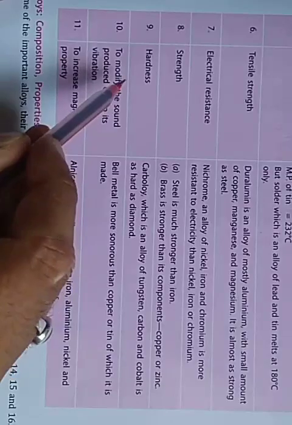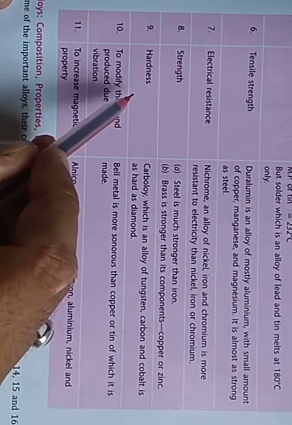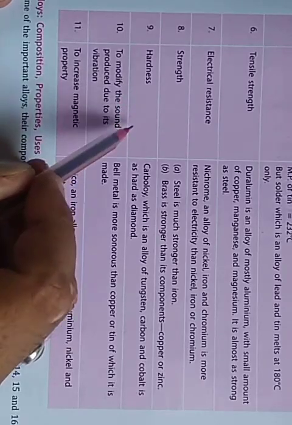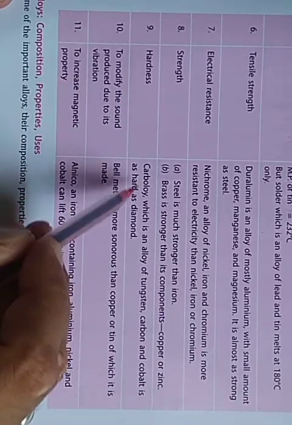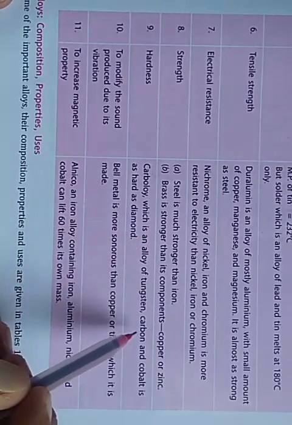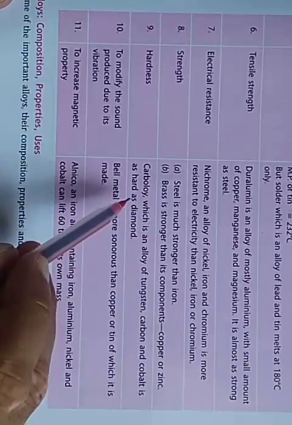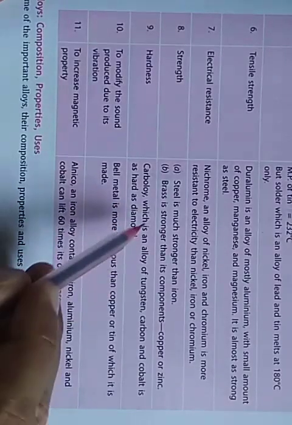Now hardness. An alloy is generally harder as compared to its constituent metals. Carboloy, which is an alloy of tungsten, carbon and cobalt, is as hard as diamond.